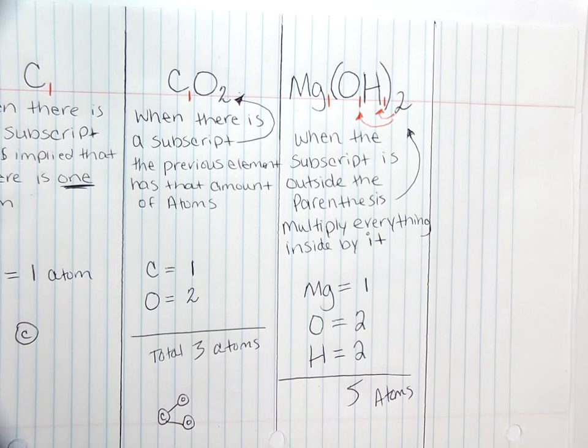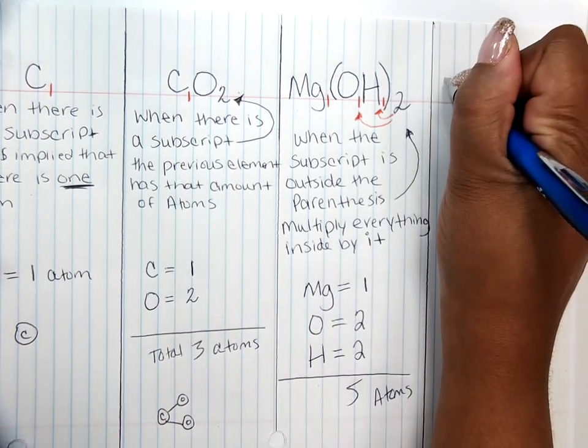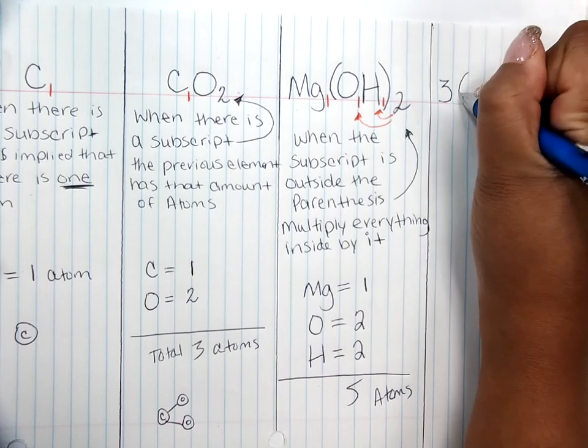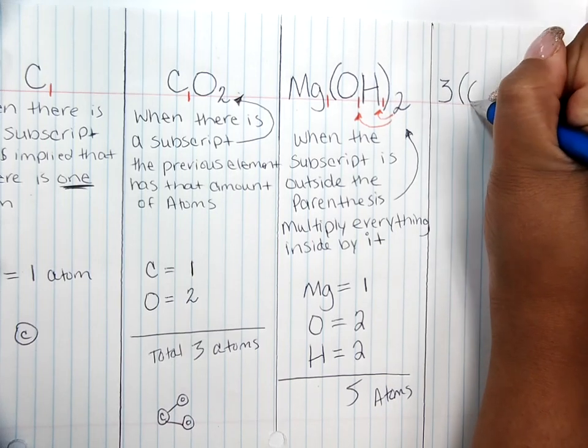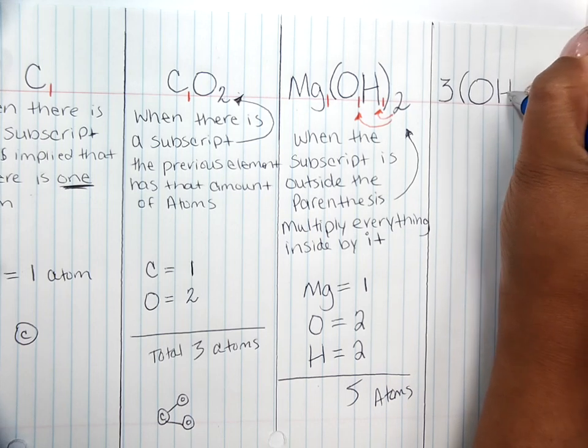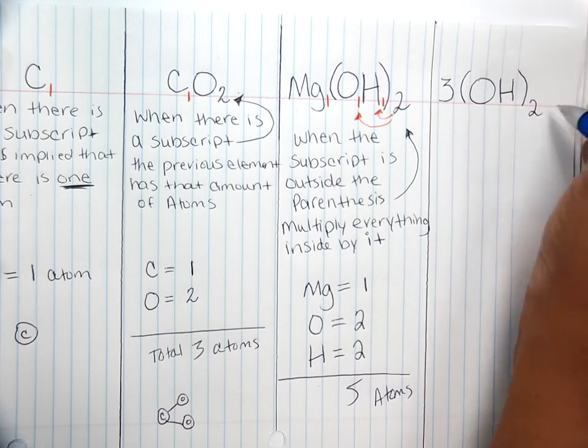So the last example, let's put a coefficient up here. So we're going to have 3 and parentheses. Let's throw all this in one. Oxygen, hydrogen, and a subscript.